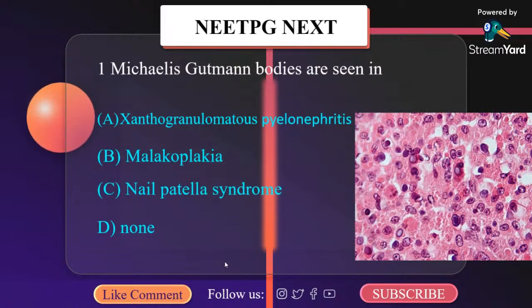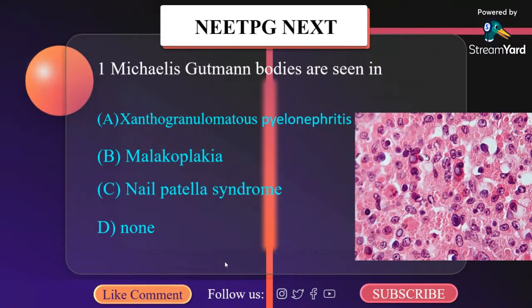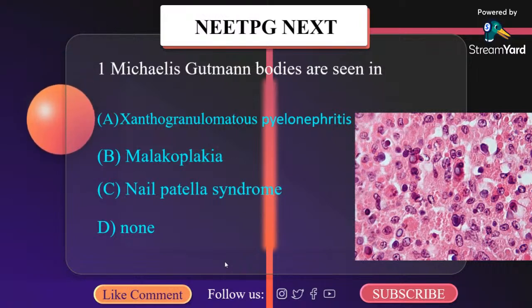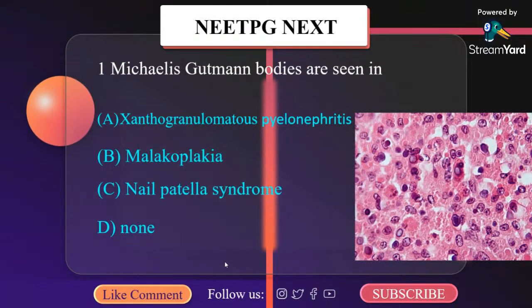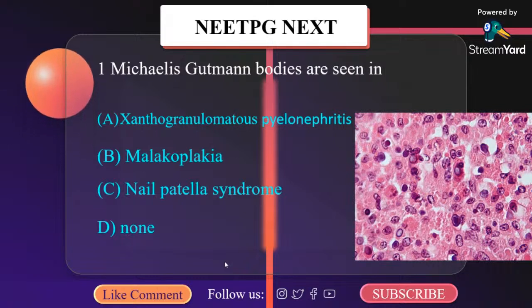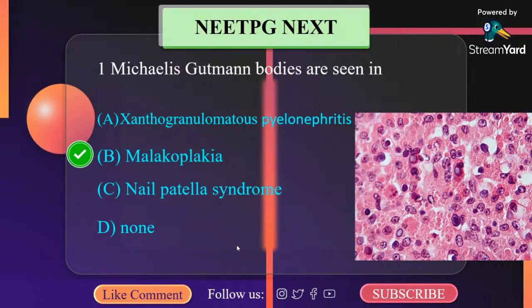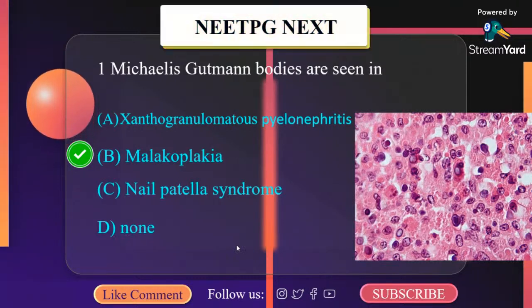They stain with Von Kossa stain for calcium and Perl's stain, Prussian blue stain, for iron. Immunohistochemical studies demonstrate positive results for CD68 antibodies. Now, this Michaelis Gutman body is seen in malakoplakia. Malakoplakia occurs with increased frequency in immunosuppressed transplant patients.